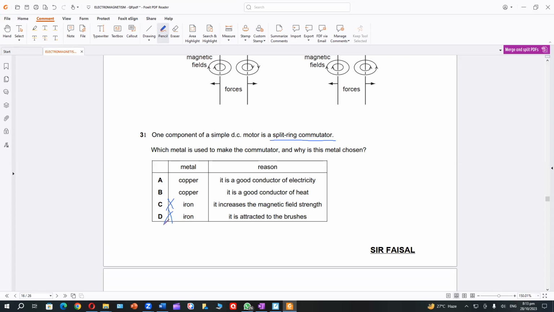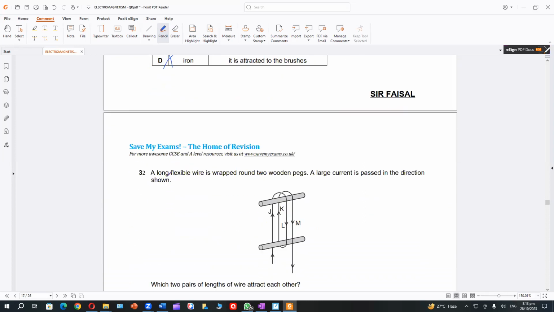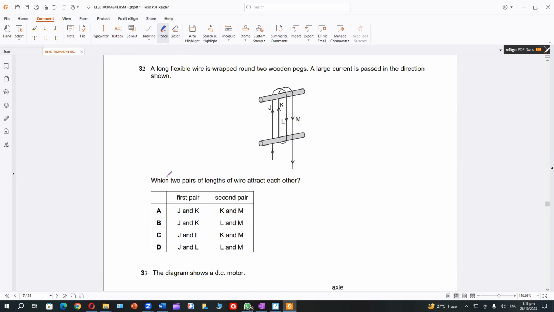Split ring commutator should be a good conductor of electricity. Now, give this question a try.